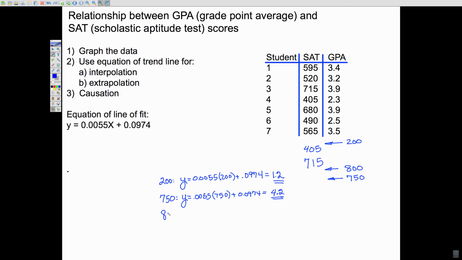And if they had an SAT score of 800, we'd find their estimated GPA would be 4.5. A number of schools do allow GPAs greater than 4 if the student is taking honors courses.